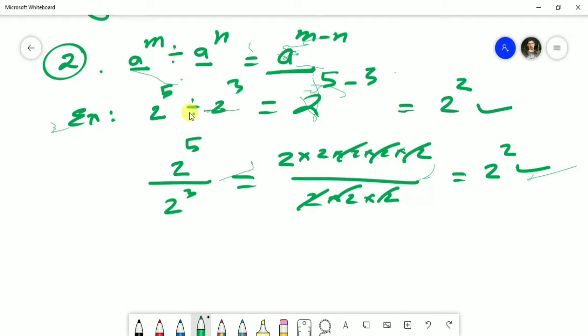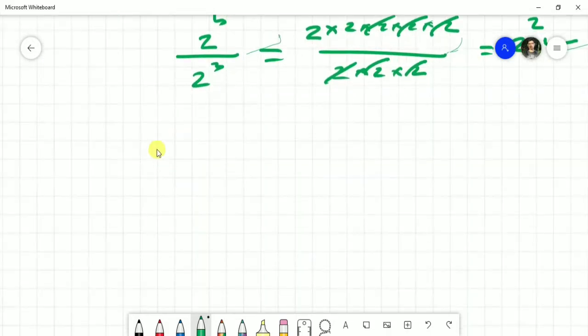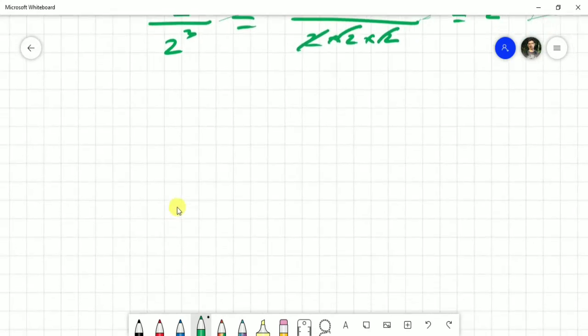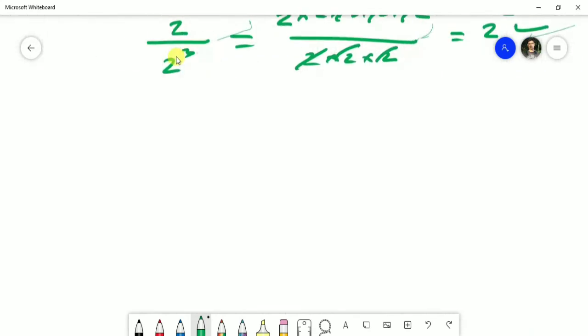Okay, let's move to another law. I think we are taking 3 numbers.